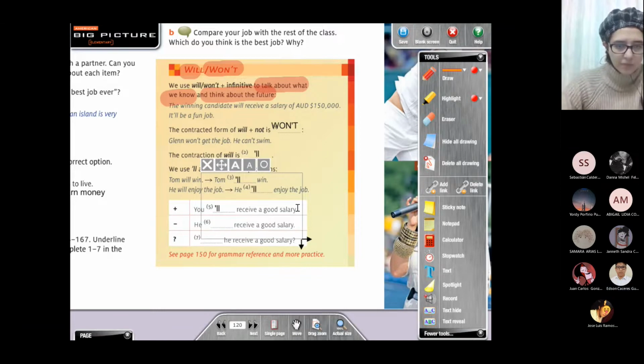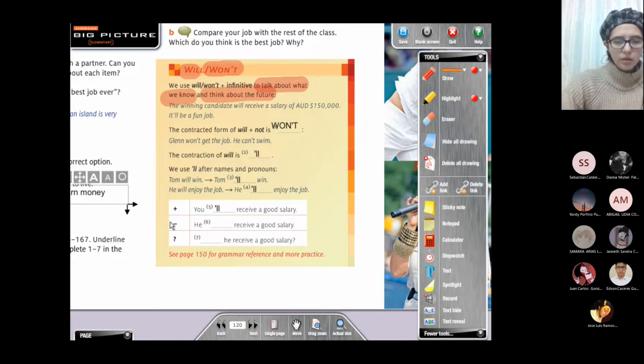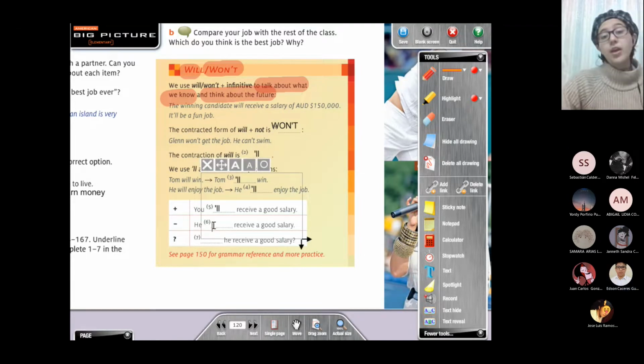What about number 6? The negative form. Contracted, the same, teacher. Yes. He received a good salary. Okay, that's the positive, but the negative. How did we form the negative?